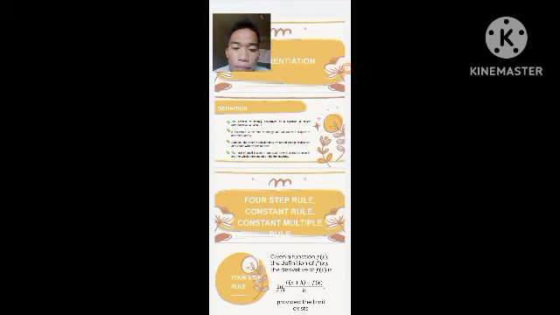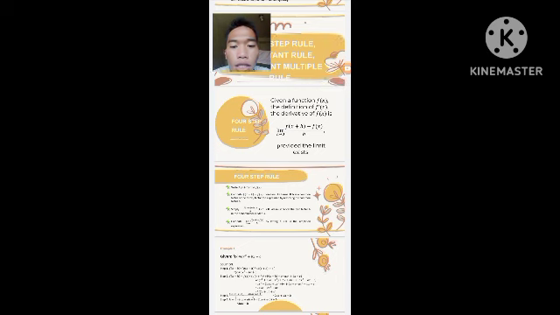First step rule. Given a function f of x, the definition of the first derivative: the derivative of f of x is the limit as h approaches 0 of f of x plus h minus f of x over h, provided the limit exists.